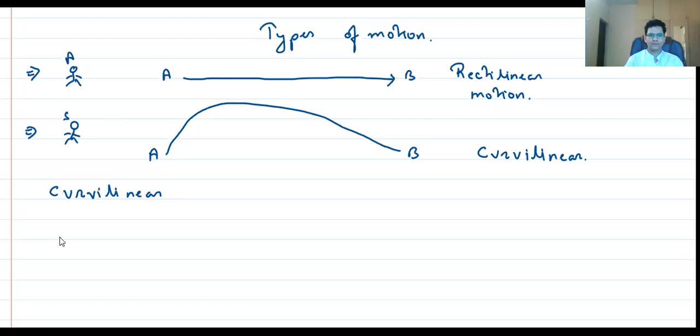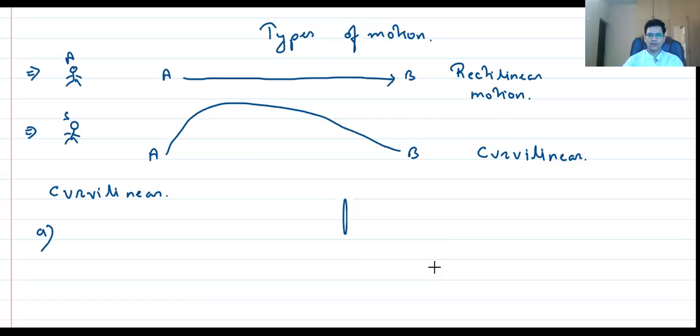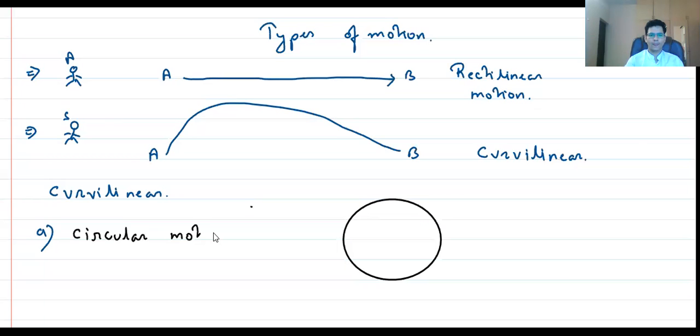When you are moving in a circle, like this, then it is called circular motion. This is totally dependent on the path. These types of motion depend on the path. Got it?